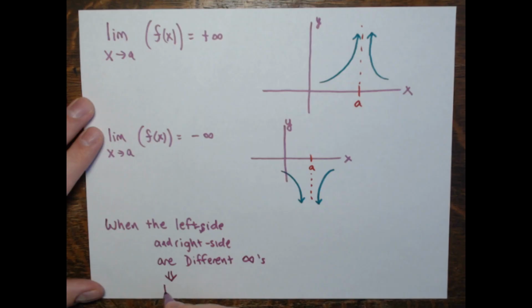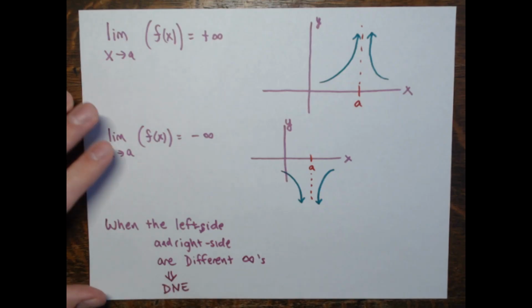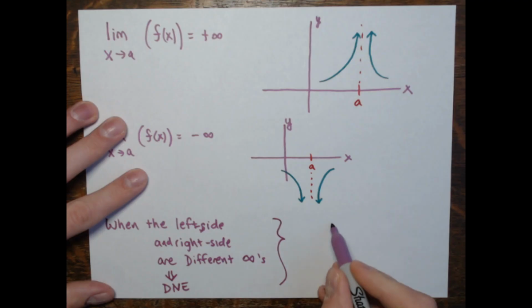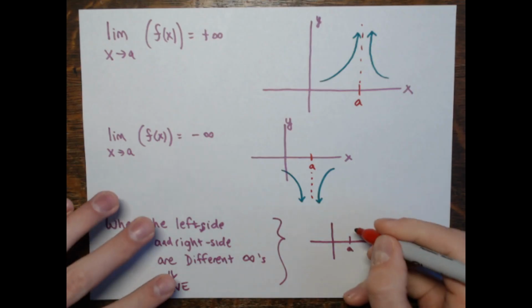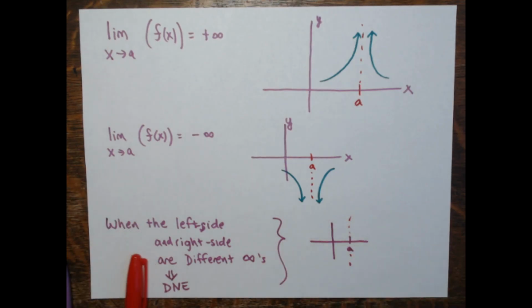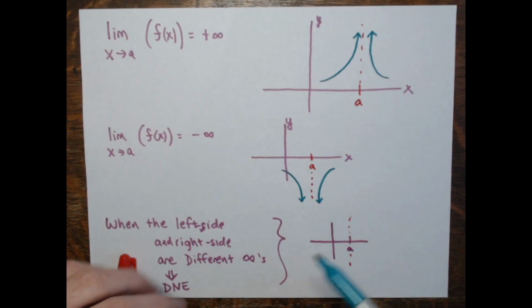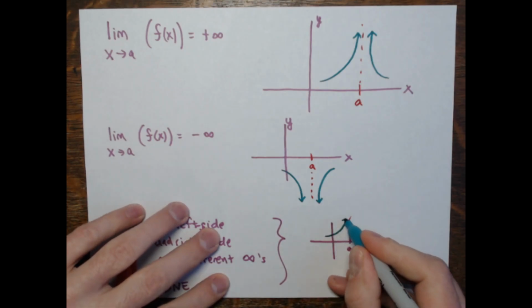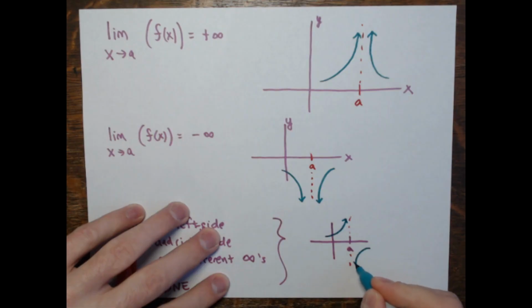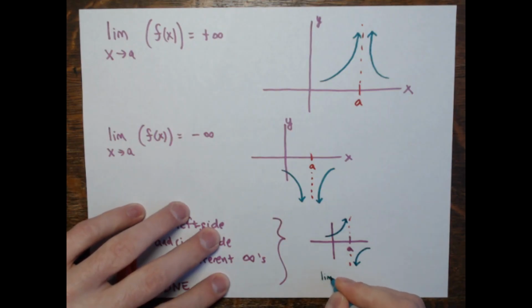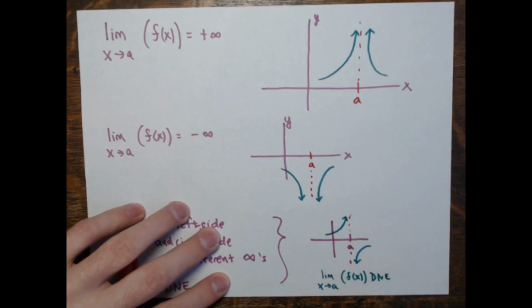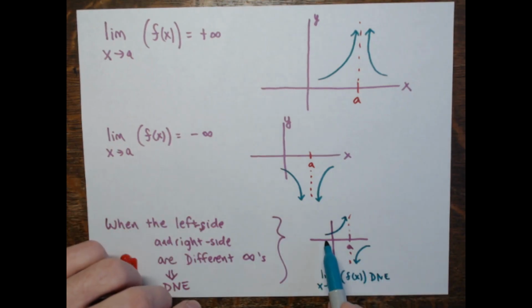In those cases, we're going to say the limit does not exist. So here's x equals a. If a graph did this, say to the left it went to positive infinity and to the right it went to negative infinity, then we're going to say the limit as x approaches a is DNE.